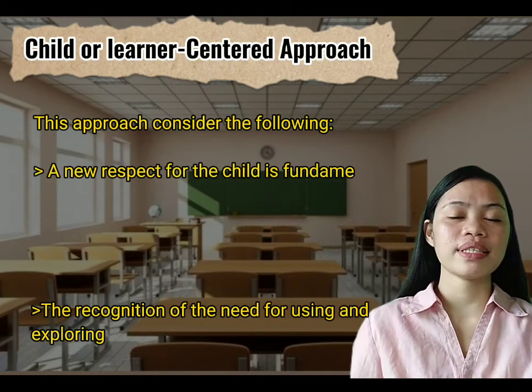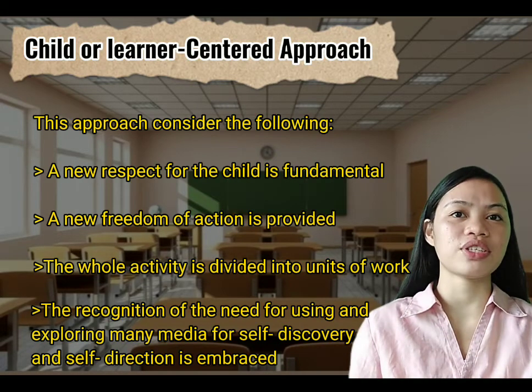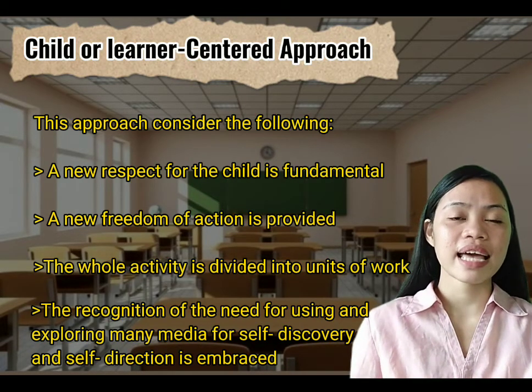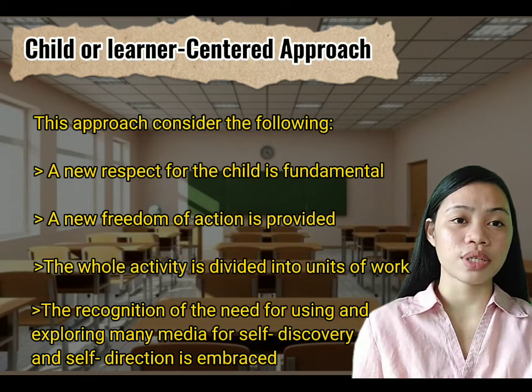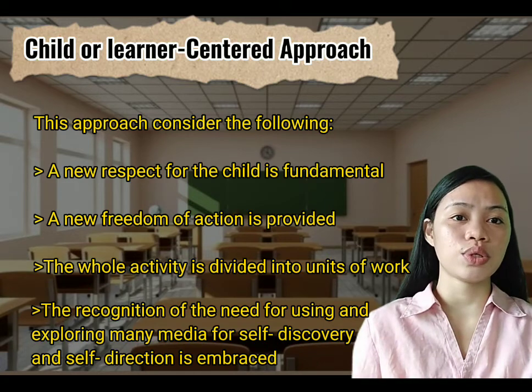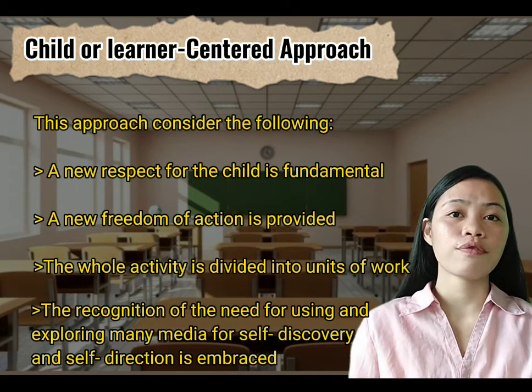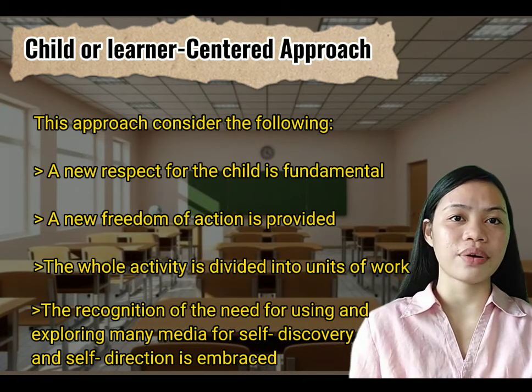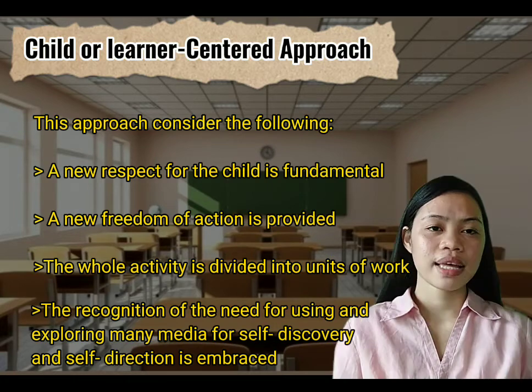And this approach considers the following. First, a new respect for the child is fundamental. Second, a new freedom of action is provided. Third, the whole activity is divided into units of work. And lastly, the recognition of the need for using and exploring mini media for self-discovery and self-direction is embraced.